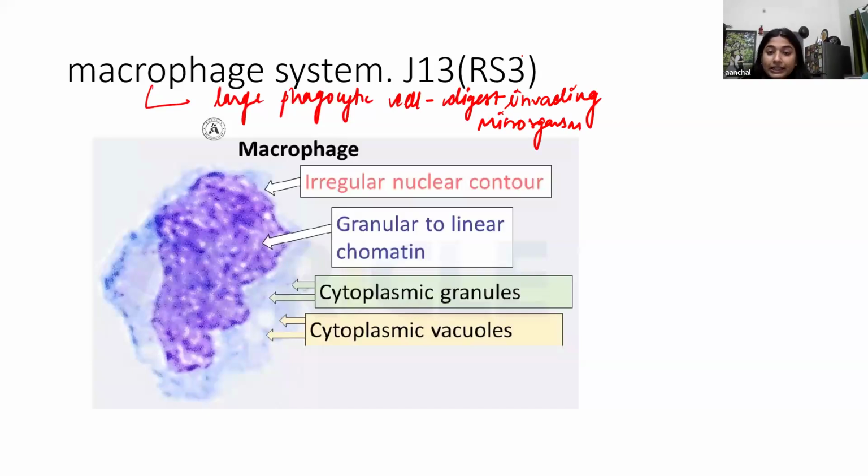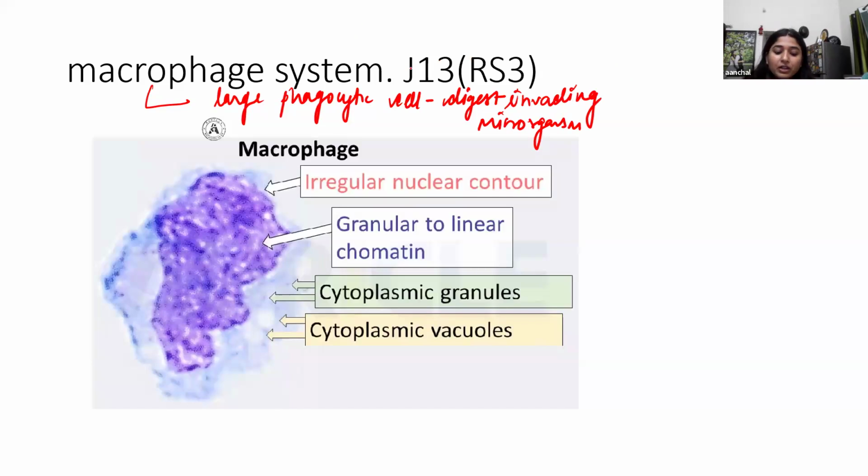The macrophages are present along with the lymphocytes in almost all the lymphoid tissue. The process of phagocytosis, which is basically an act to defend the host against infection and any kind of injury, is done by this macrophage system.